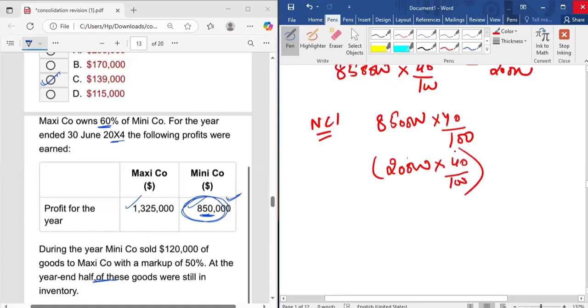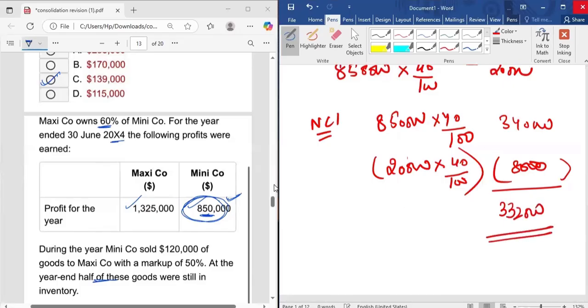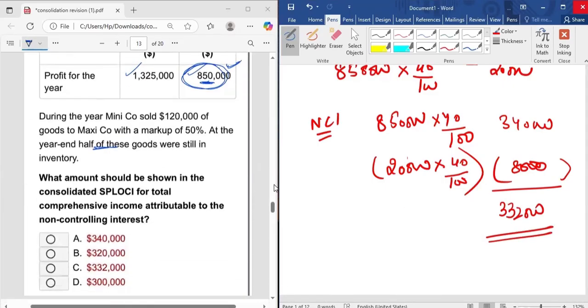So let's calculate it now. 8,50,000, 40% is 3,40,000. And NCI's share of unrealized profit is 40% of 20,000, which is 8,000. So subtract these both, you will get 3,32,000. All right.